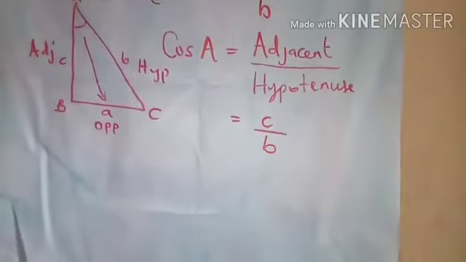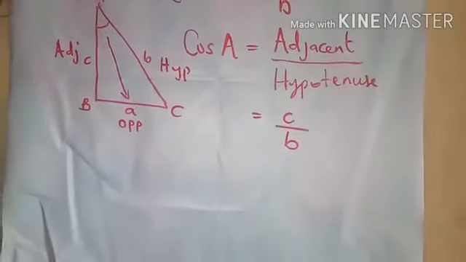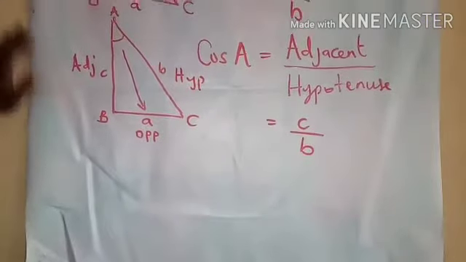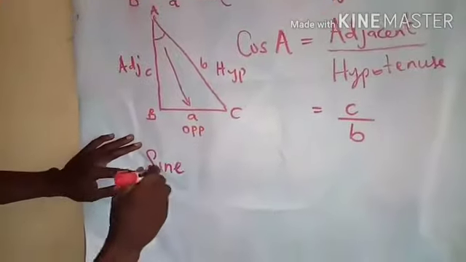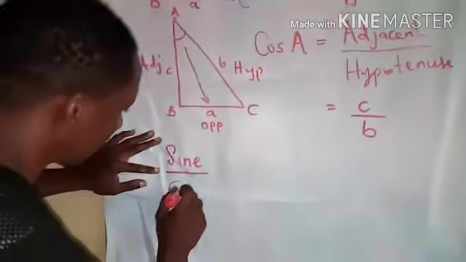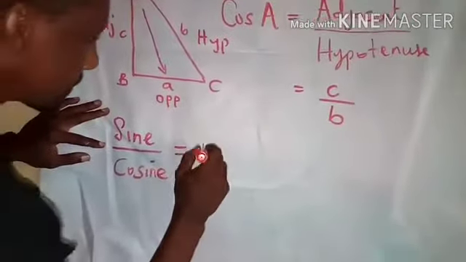There's a proof I want us to look at. We're made to realize that sine over cosine equals tangent.